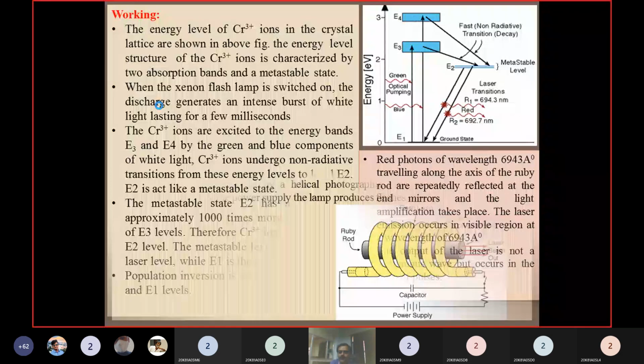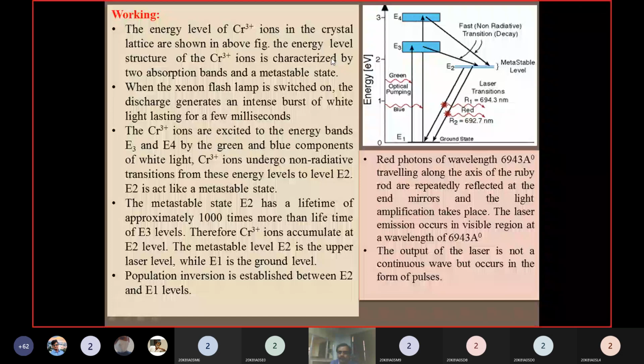Now chromium absorbs the blue and green regions. If chromium absorbs the green region, the ground state atoms go to the E3 level. If chromium absorbs the blue region, the ground state atoms go to the E4 energy level.